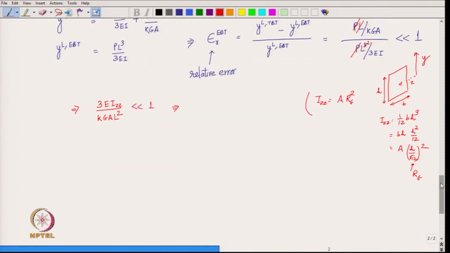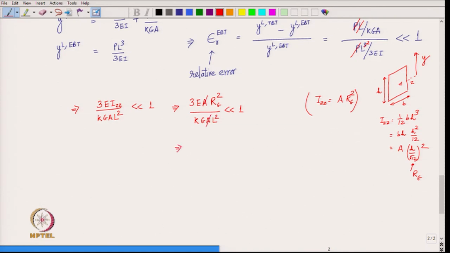All right. So, if we plug that in here, we have 3E into area into R_g² divided by kGA into L² much less than 1. So, this A goes away.